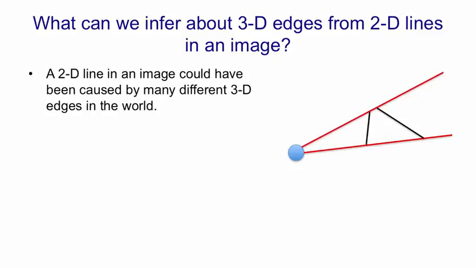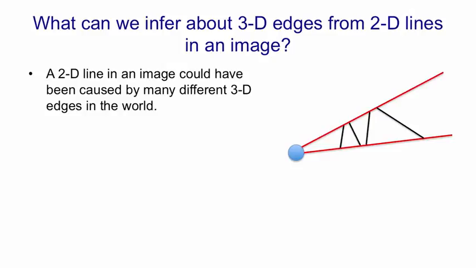Here's another 3D edge that would lead to exactly the same thing on your retina. And here's another one, and here's another one. All of these different 3D edges have exactly the same appearance in the image. That's because we've lost the information about how far away the ends of the line are along that line of sight.